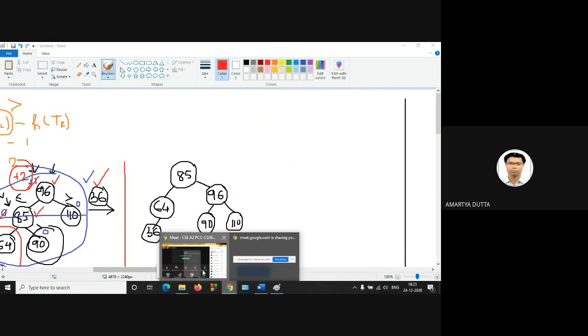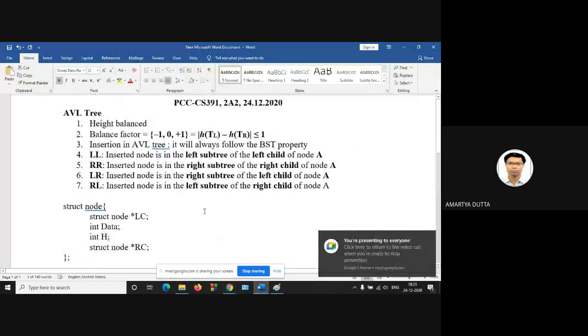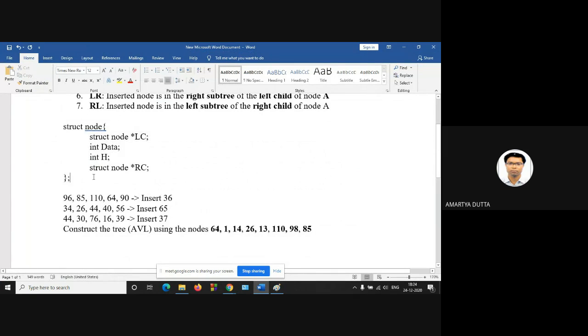So these are the entire rotations for the AVL tree. First of all, in a small function, you have to find out the height of a particular node.